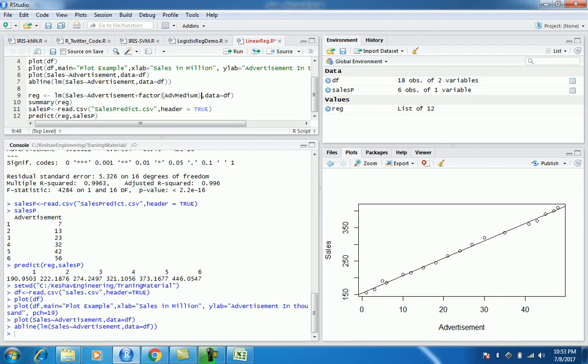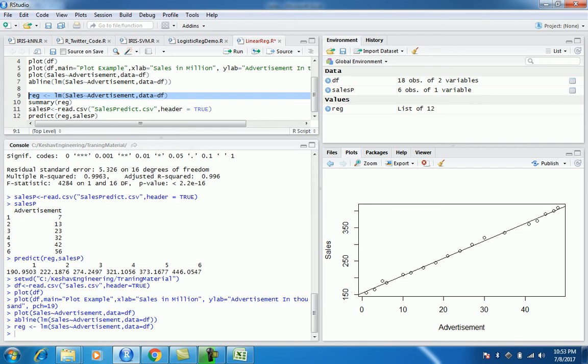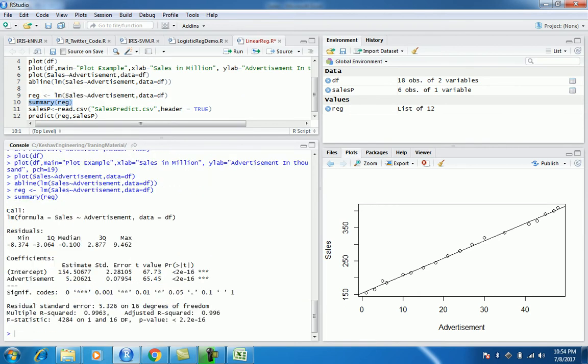Because we understand that they are linearly related, that would have been an additional field had we had that in the data set. Now since we do not, that is we are just having one x to y, we would just model this and see the results. The summary command basically gives me the details about the model.